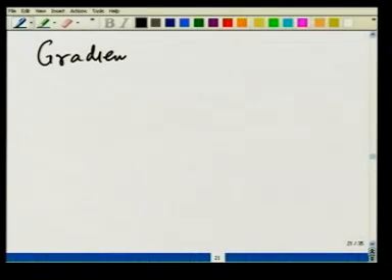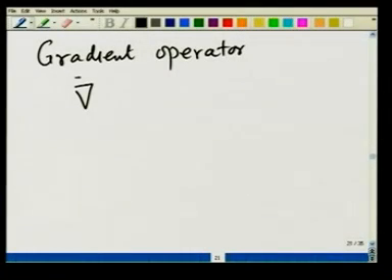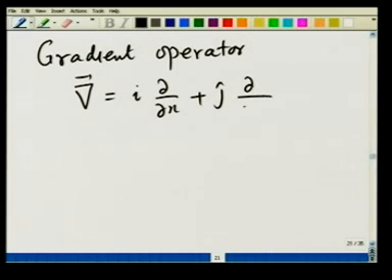So, I have introduced a gradient operator. This is like the three-dimensional analog of the one-dimensional differential operator, which I will write as d by dx plus j, I should write partial, partial with respect to y plus k partial derivative with respect to z.